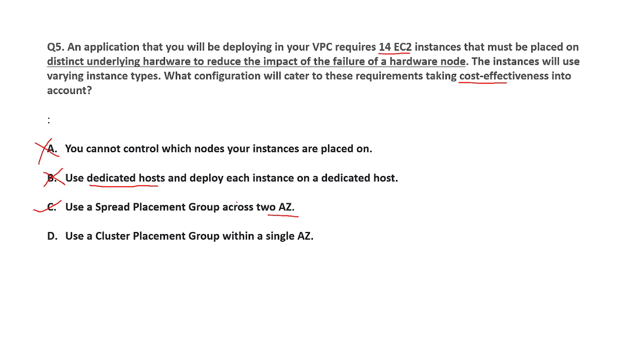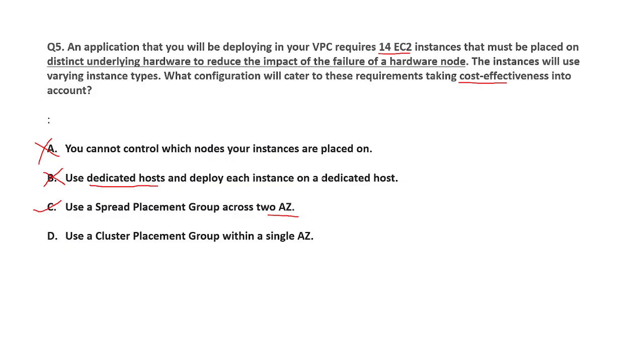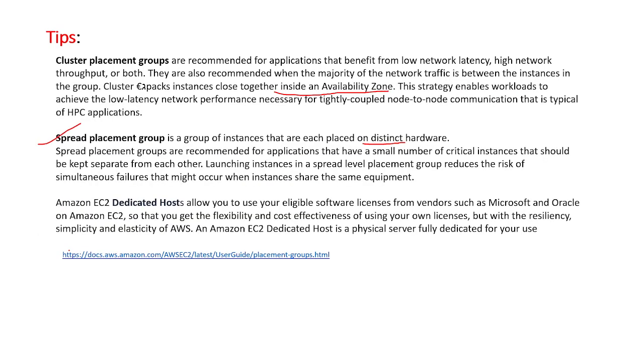So we have two availability zones with this spread placement group. So we are going to choose C, not D. I'm putting D out. Here is option C. C is correct.